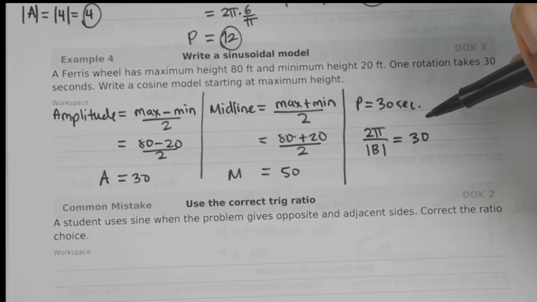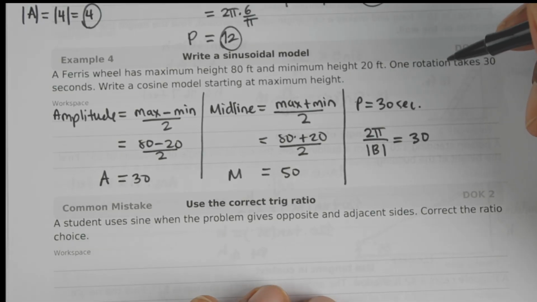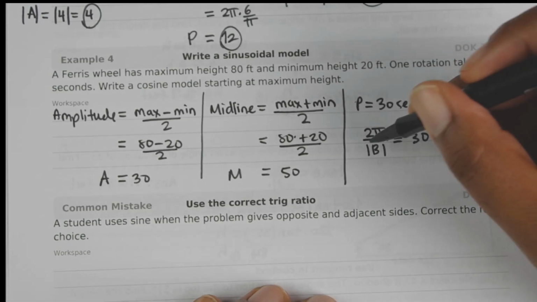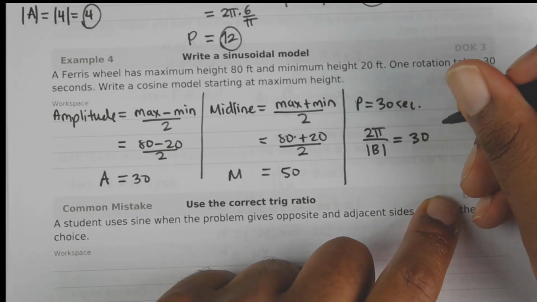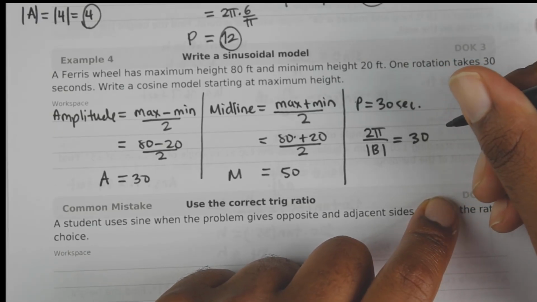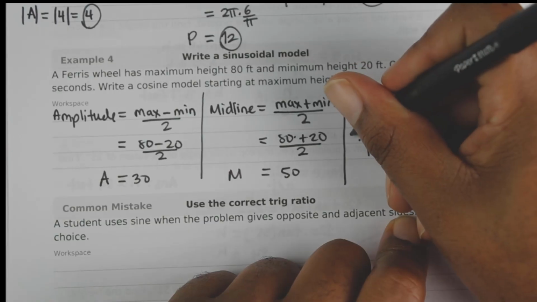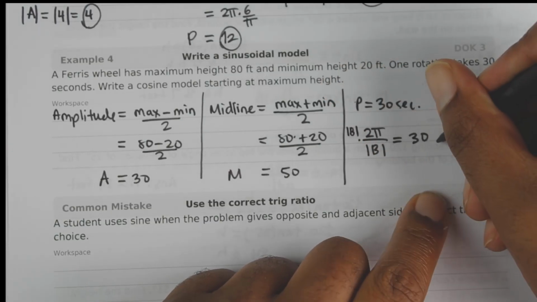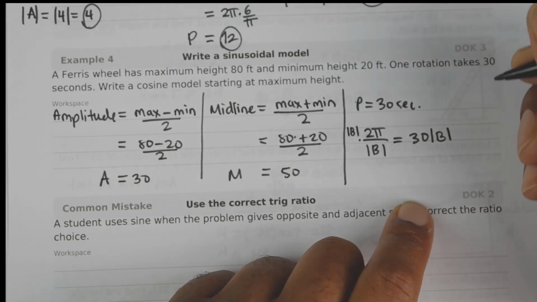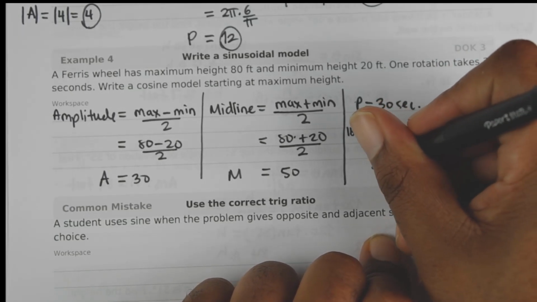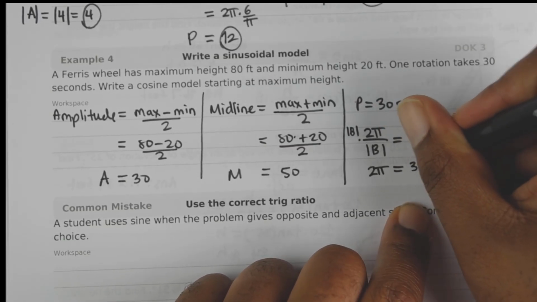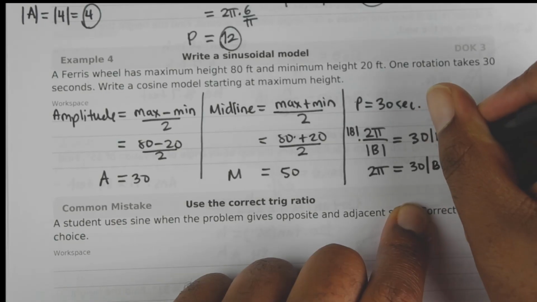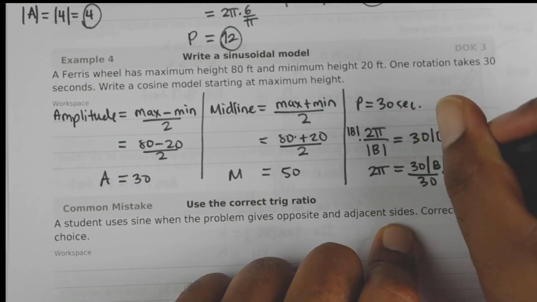I need to move this over because I'm running out of space. I'm going to multiply the absolute value of b to both sides first. And then that would give me 2 pi equals 30 times the absolute value of b.